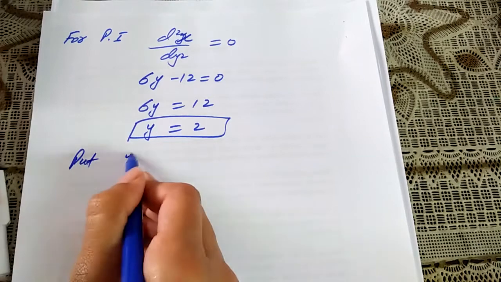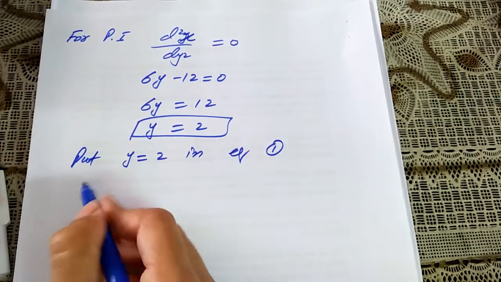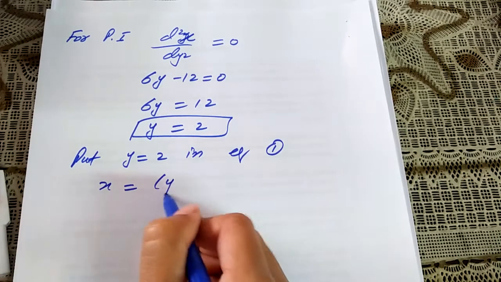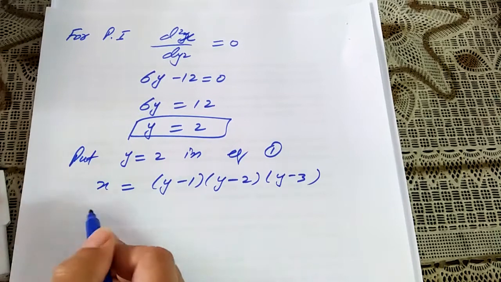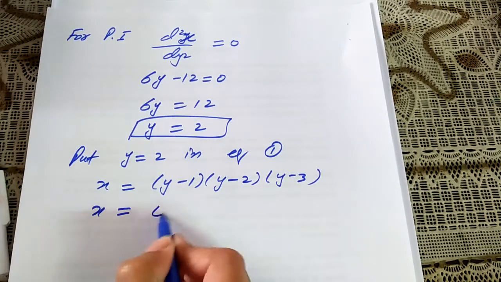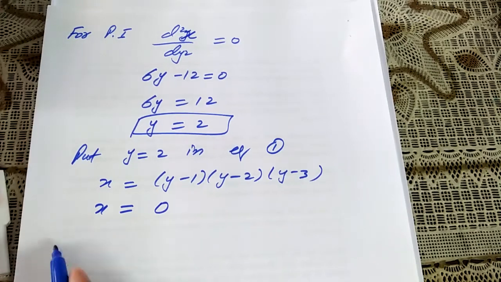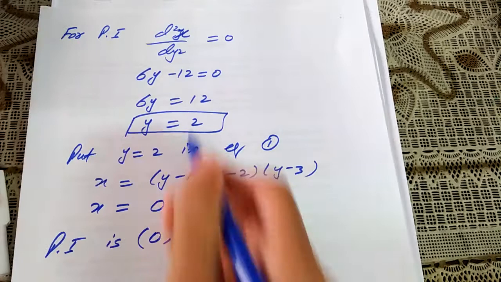Put y equals 2 in equation number 1, that was x equals (y minus 1) into (y minus 2) into (y minus 3). So x will be equal to 0. So the point of inflection is 0 and 2.